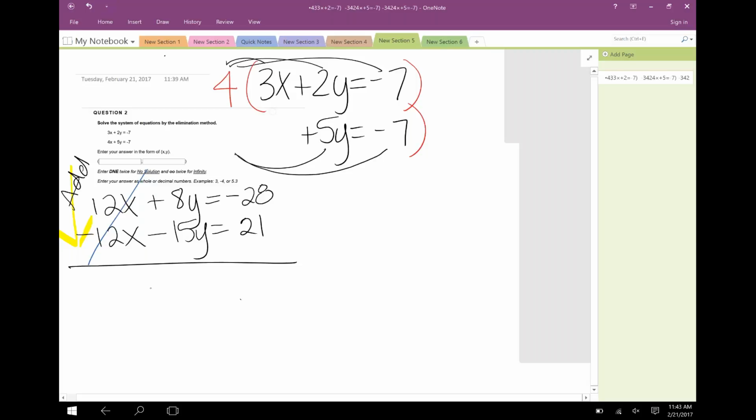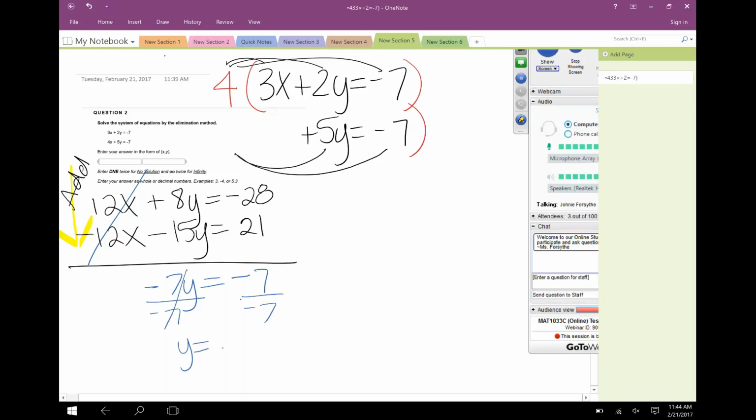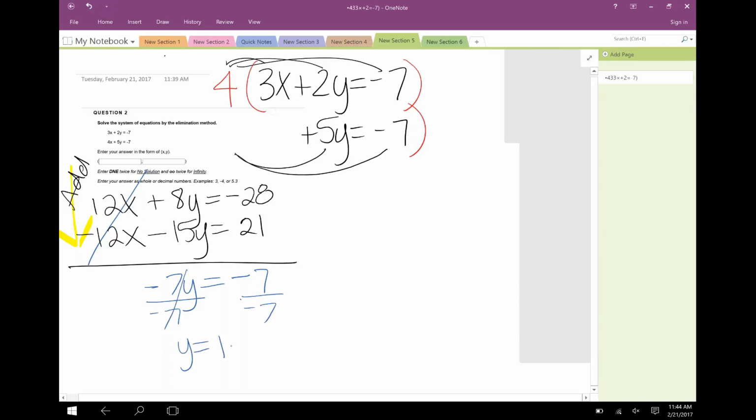That's going to be negative 7y equals negative 28 plus 21. Different signs, so it's going to be negative 7. And then divide both sides by negative 7. And so y equals positive 1.